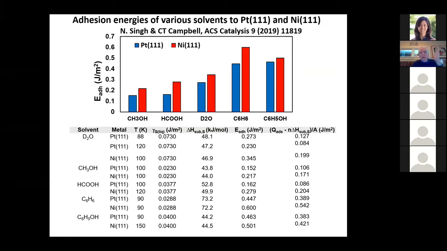You'll have to go to higher temperature if you run the reaction in an alkane, because the alkane has a lower adhesion energy. So you're going to have sort of 50, maybe 60 kilojoules per mole higher activation energy to desorb the molecule.